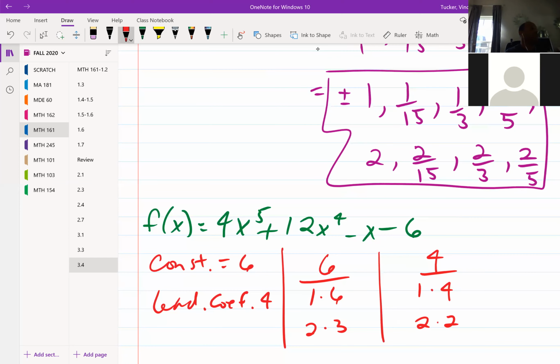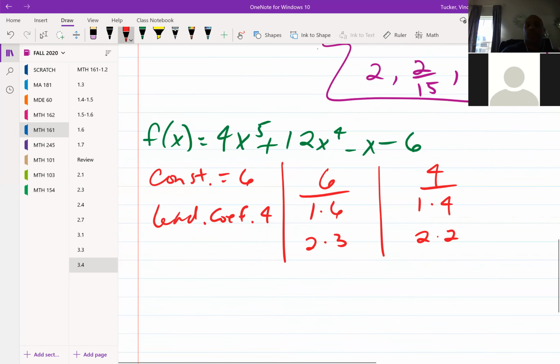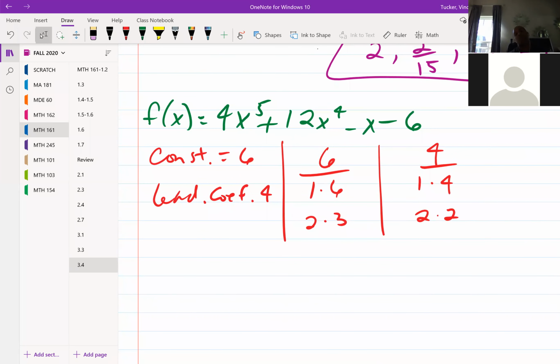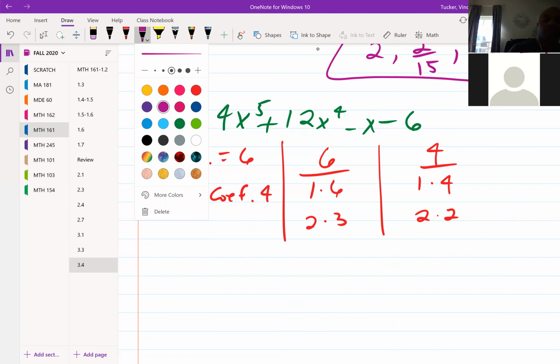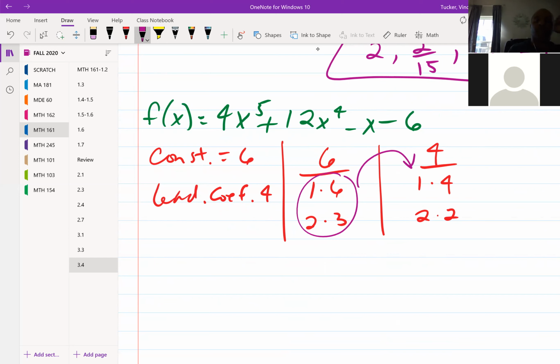The factors of 6 are 1 times 6, 2 times 3. And the factors of 4, our leading coefficient, are 1 times 4 and 2 times 2. So I'll take each one of these and place it over each one of those.